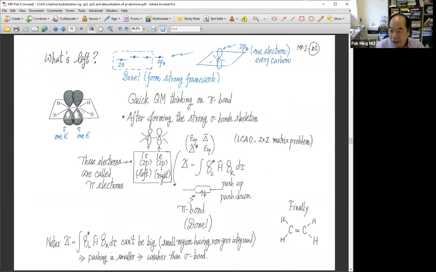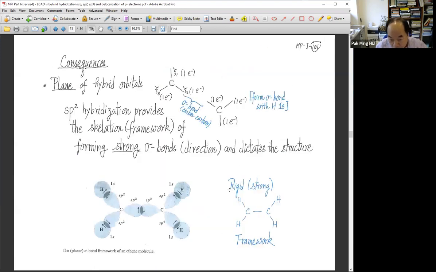to be considered. So we have this remaining PZ, they are not involved in sp2. They are the lonely guy not involved in this play of sp2 hybridization, but it is very easy for our consideration. After the framework is done, we don't need to care about all this px, py anymore. They are done.